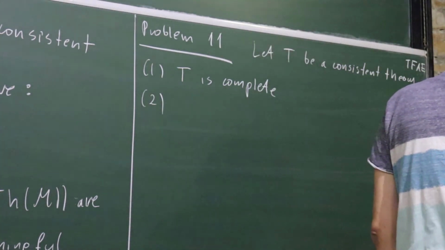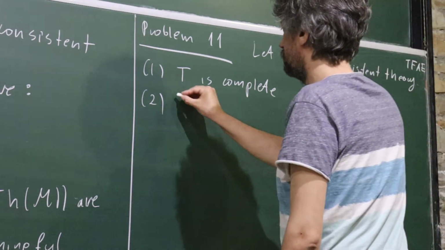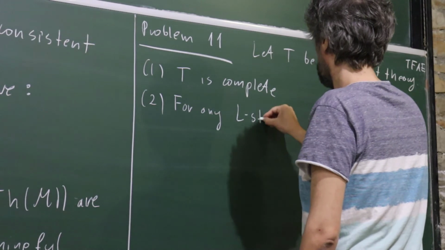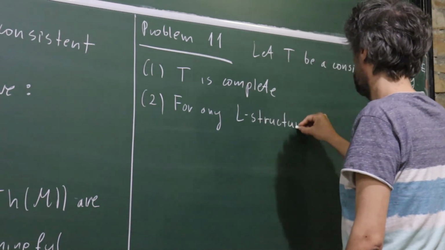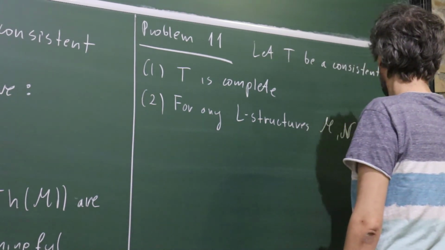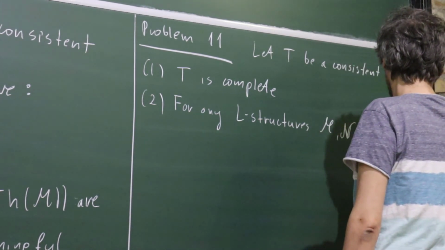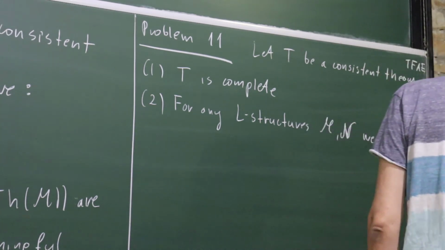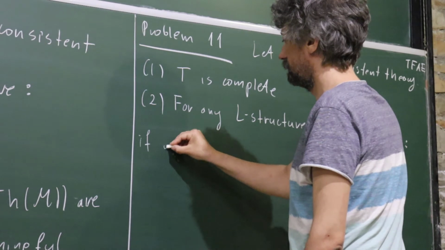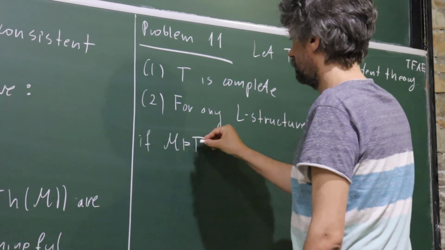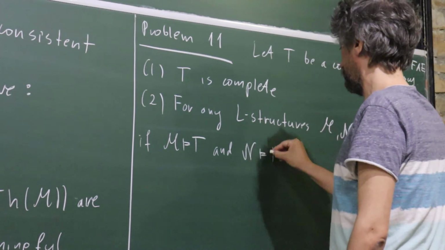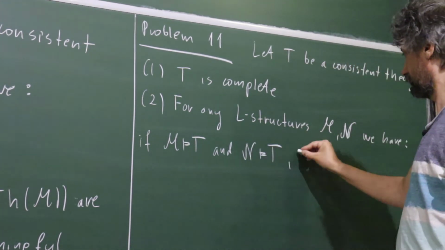And we can check it on models. So for any L structures M, N, we have that if they are both models of T, then they are elementarily equivalent.